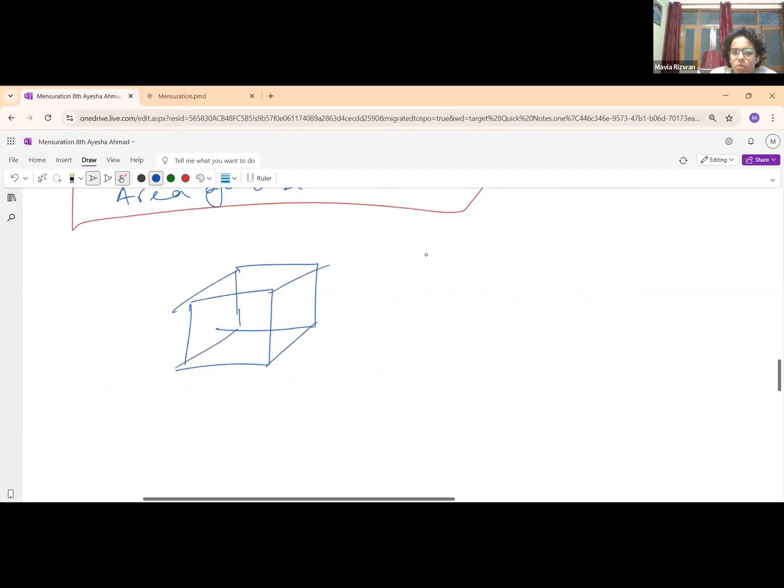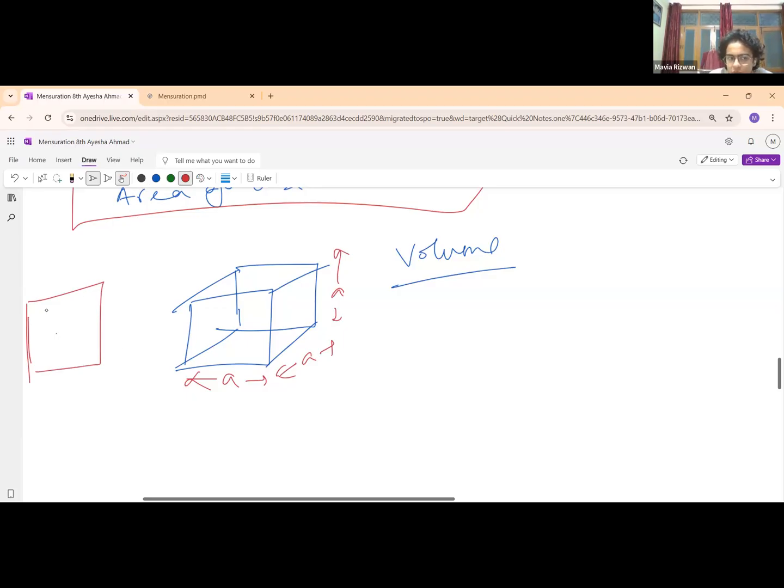What's the volume of the cube? See, this is a, this is a, this is also a. So for area, the value area holds in a square; the same way, volume holds in a cube. Basically, area is the inside part. So area here was a into a, that is a square. So volume would be a into a into a. Multiply all three dimensions, you will get the volume. That is a cube. That is why cube.